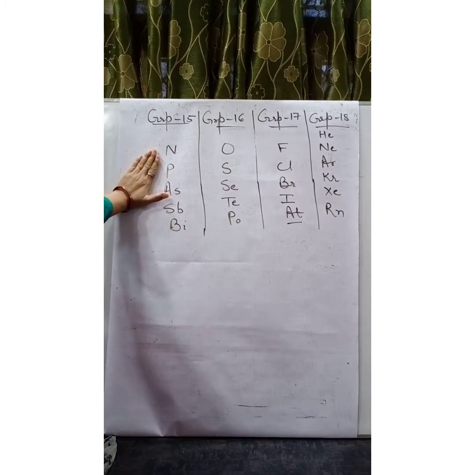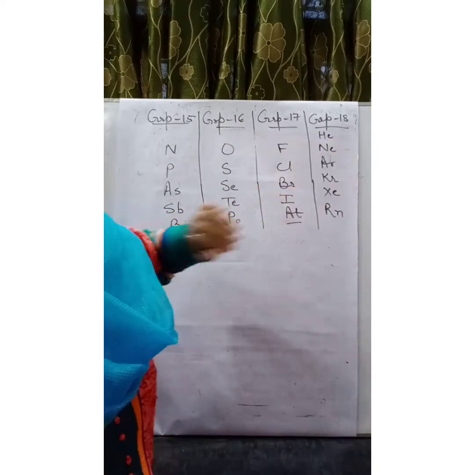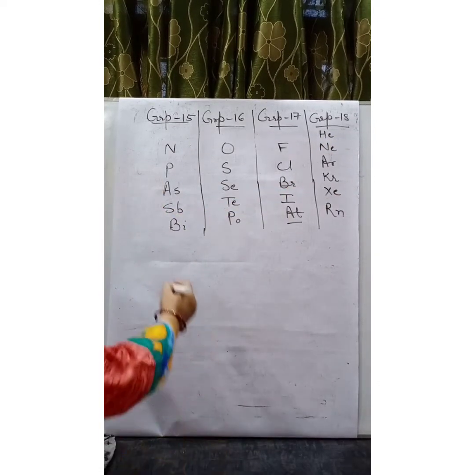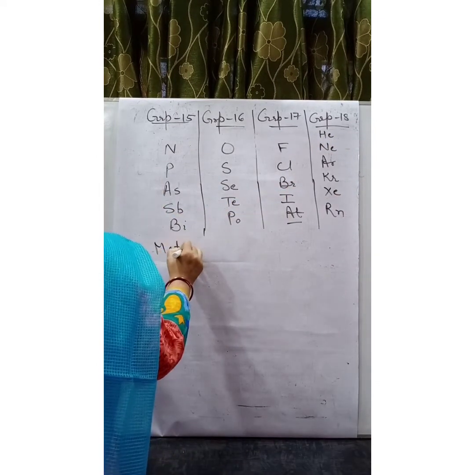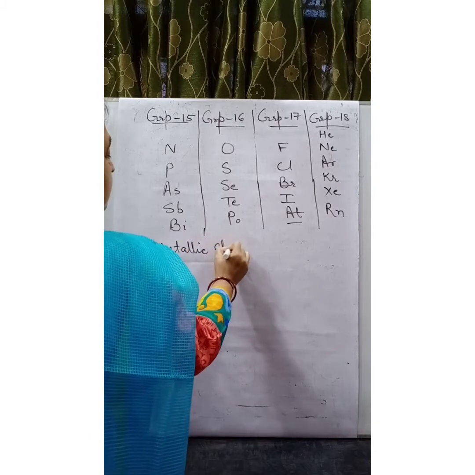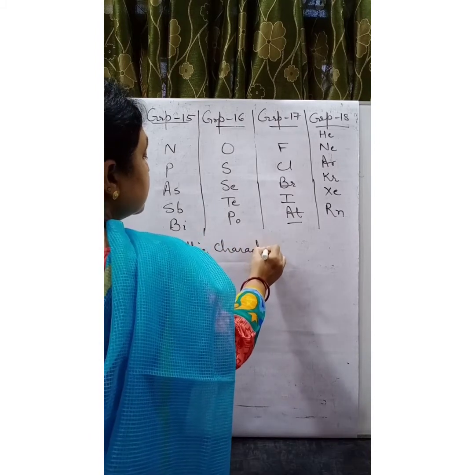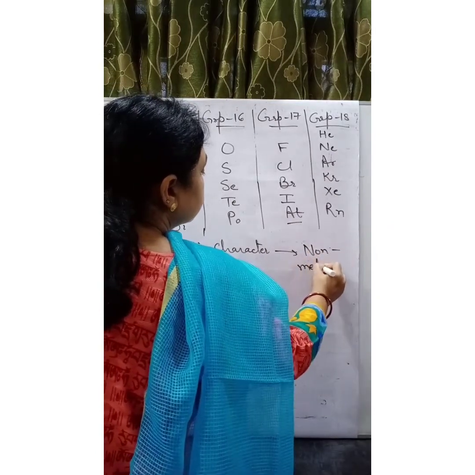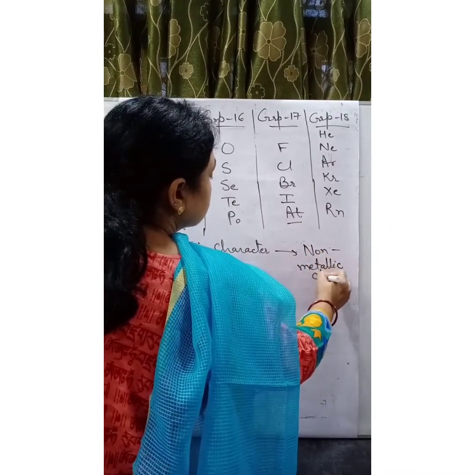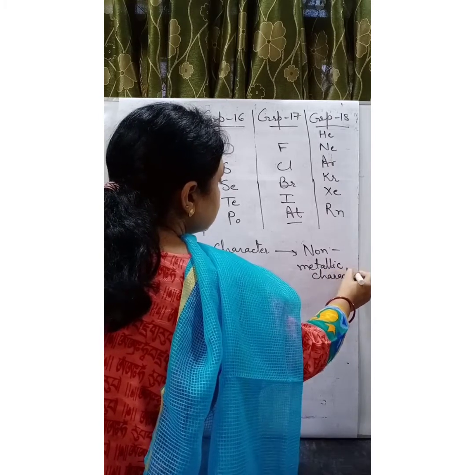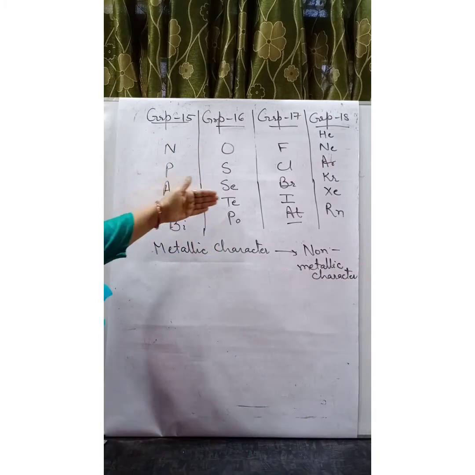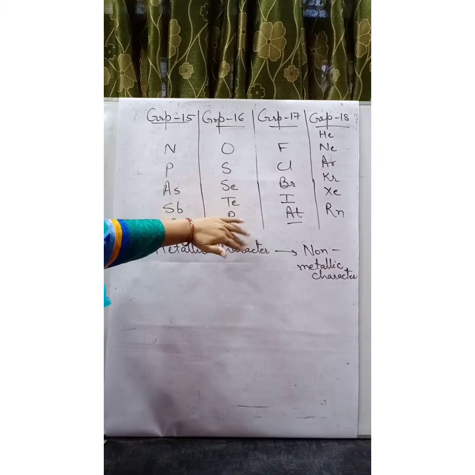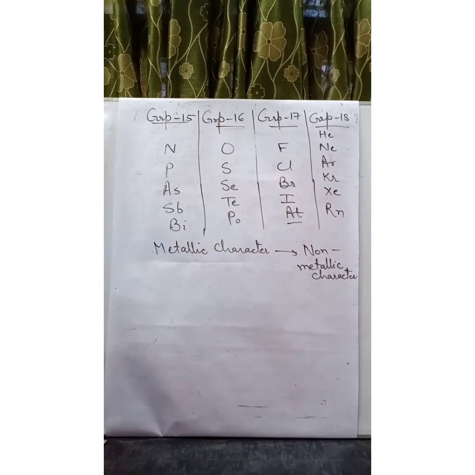As we move from left to right in the periodic table, we notice that metallic character changes into non-metallic character. What does it mean? The tendency to lose electrons slowly changes into the tendency to gain electrons.